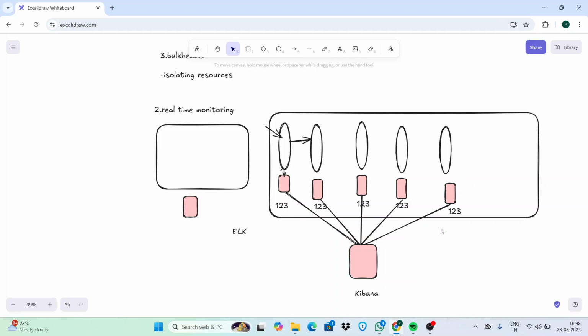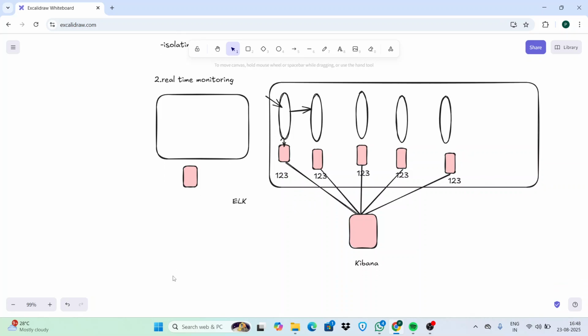Then Micrometer is used to send the metrics, the health metrics and system metrics. And the ELK stack is used.